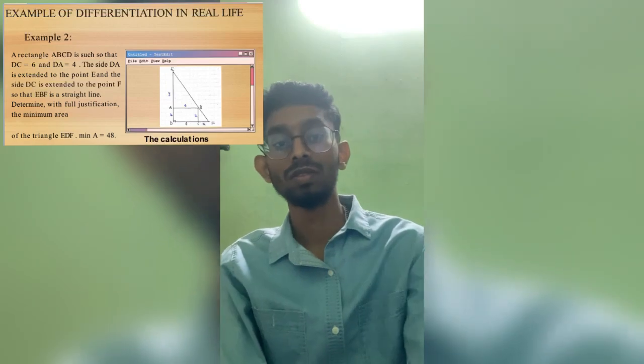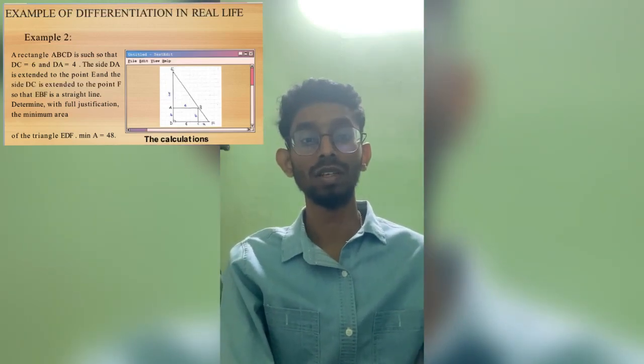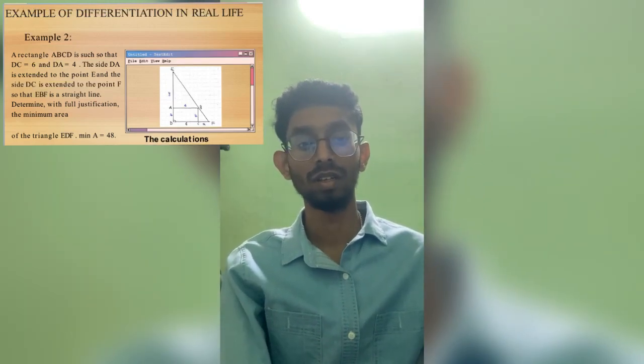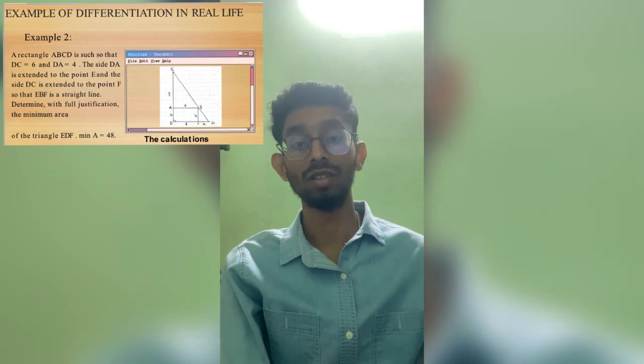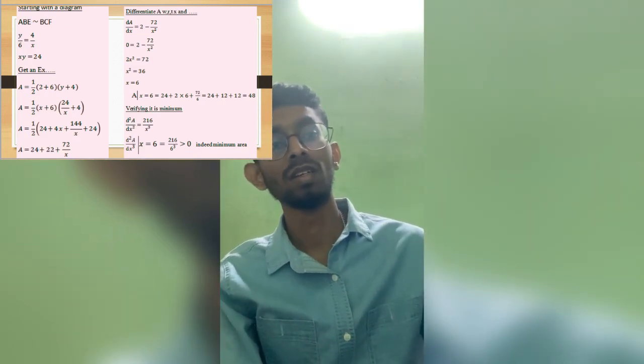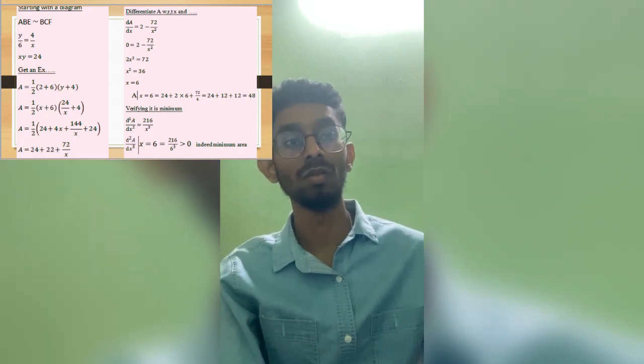Determine, with full justification, the minimum area of triangle EDF; the minimum area is 48. For the answer, we start with the diagram, the second step is to get an expression in x, and the third step is differentiation of A with respect to x and verify it is a minimum. That is an example of a differentiation rules question.